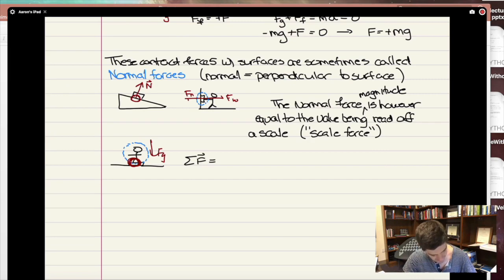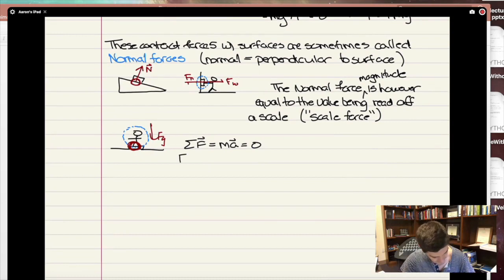The sum of the forces on you must equal your mass times your acceleration. If you're remaining still on the bathroom scale, your acceleration is 0. This sum of the forces must therefore be your weight plus the force of the scale pushing up on you. And if we define down as negative, it might be something like negative mg plus F scale equals 0.